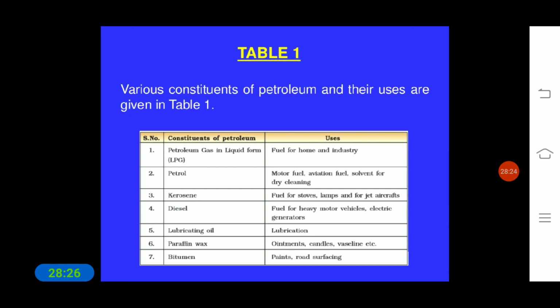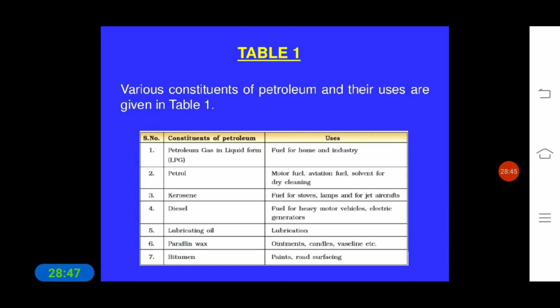So there are various constituents of petroleum and their uses are given in this table. Here you can study how we get useful products from petroleum. In the first column are given the constituents of petroleum and their uses.